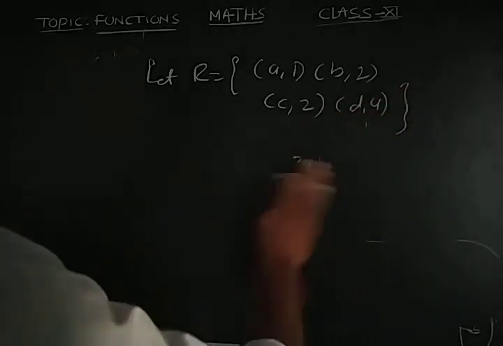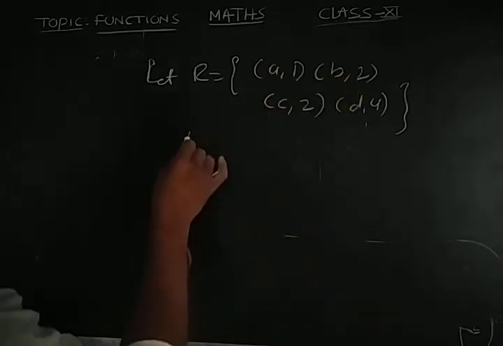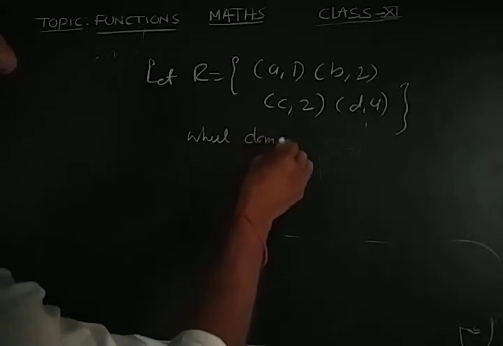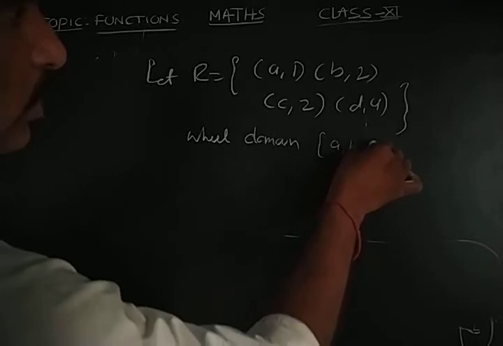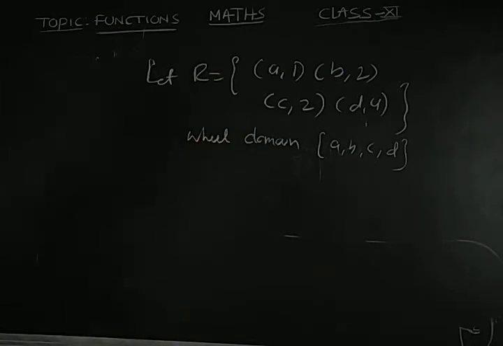Now I am asking, is this relation a function or not? It is a relation where the domain is the set ABCD, right? Now I am asking, is this relation a function or not?